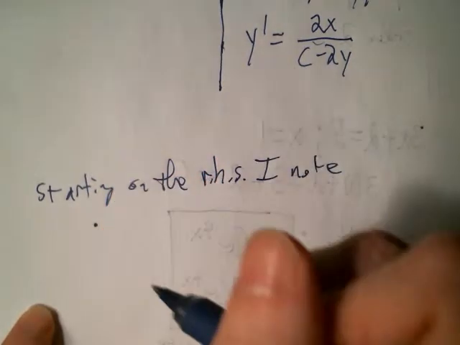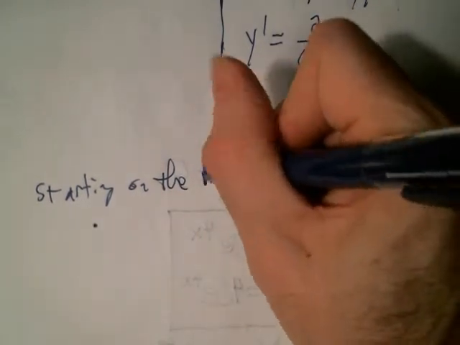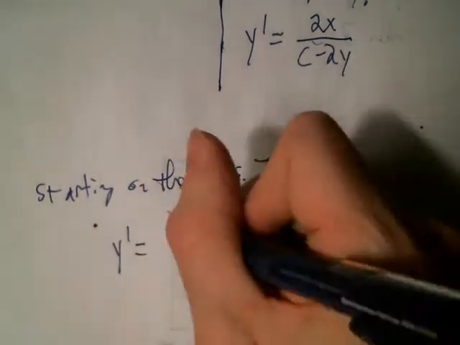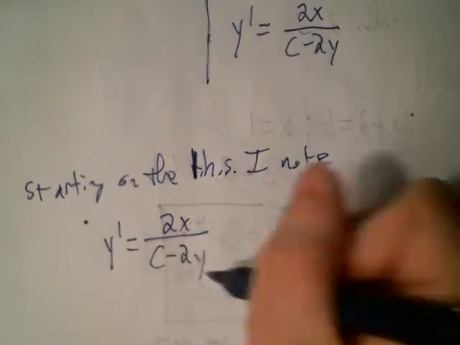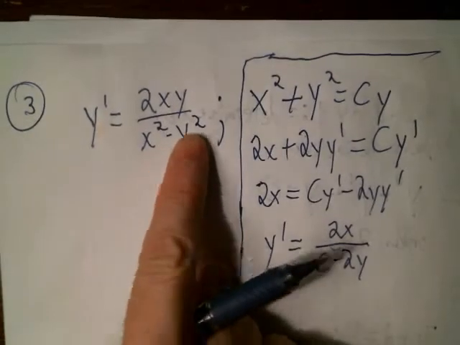Well, crud, I should have started on the left-hand side, not the right-hand side. There's a mistake in my notes. I'll fix that later. Starting on the left-hand side, I note y prime is equal to 2x all over c minus 2y. Okay, this is kind of an issue because I don't know what c is, and this formula here didn't have any c's in it.